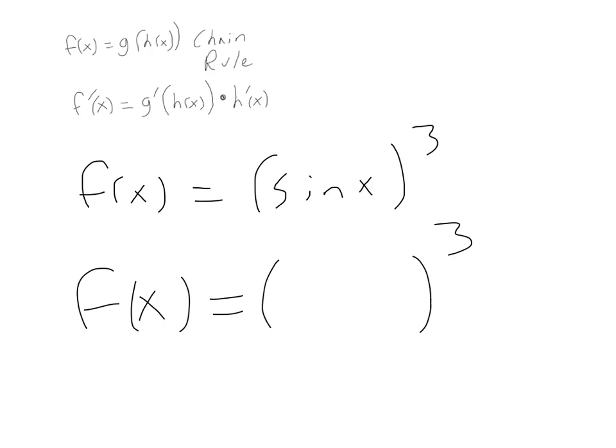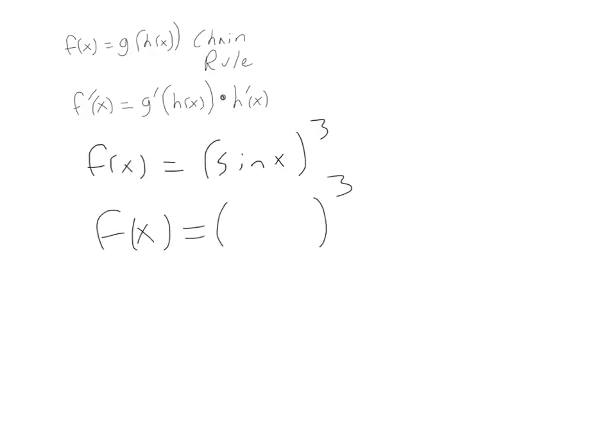So the outside equation is really x cubed. How chain rule goes is I take the derivative of the outside equation, parentheses cubed instead of x cubed, I leave the inside equation unchanged, and then I multiply by the derivative of sine of x.